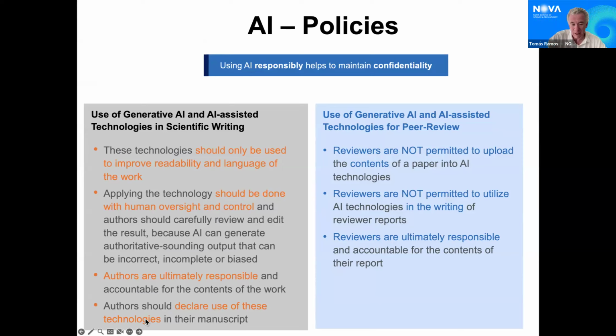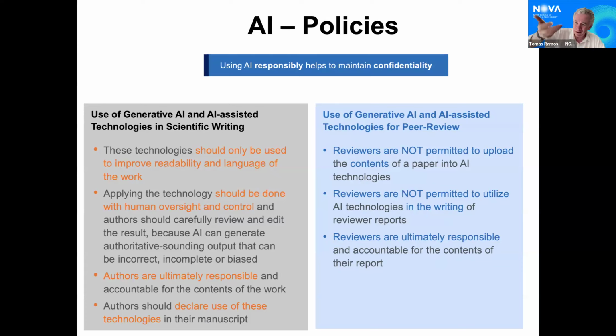In principle, authors should declare if they use AI to improve the language in the manuscript. You can't use AI as a co-author or to help write the paper from the beginning. And reviewers are not allowed to upload a paper to review it using AI.